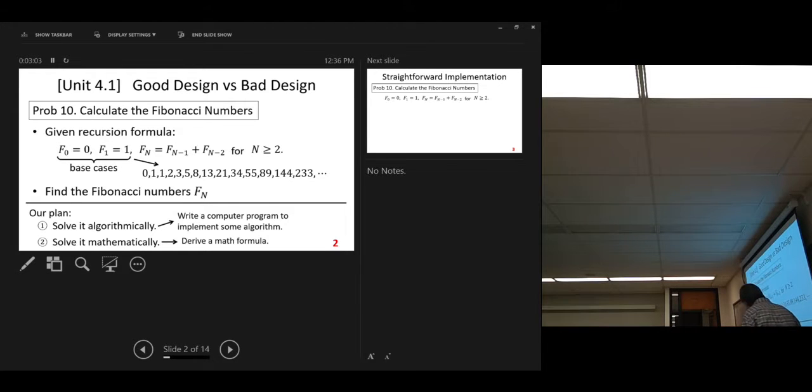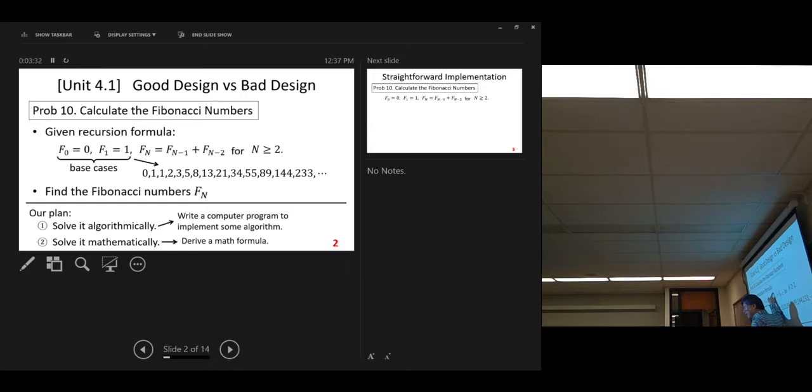Usually, for many problems, the second way may not work, because many times it's very hard to find a math formula for it. Actually, I can write a recursion formula easily, and then nobody can find a math formula for it. For example, I put a square here.